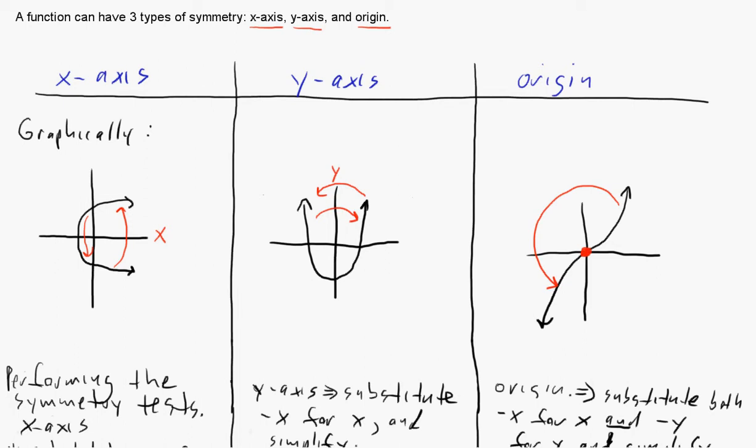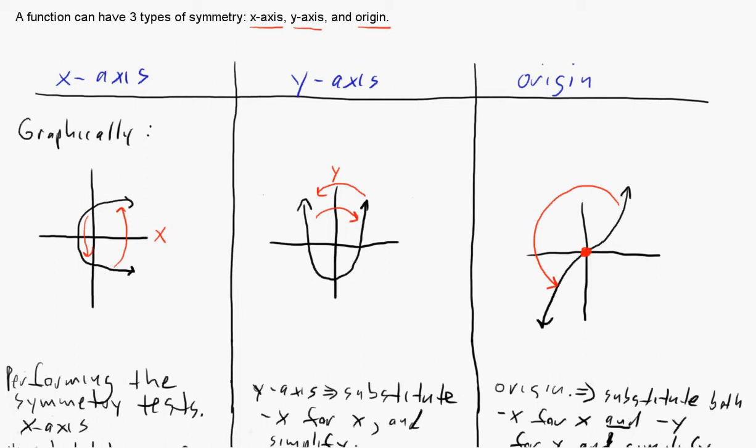So if you can rotate the graph 180 degrees and it looks exactly the same, then that graph has origin symmetry. Okay? Technically that means you're really flipping the graph over the x-axis and the y-axis, but it's easier to see it as a rotation of 180 degrees.